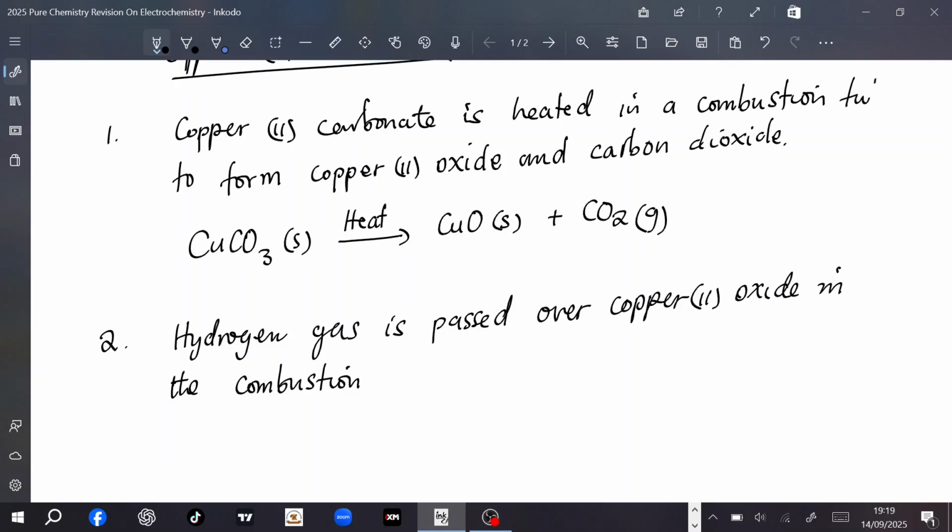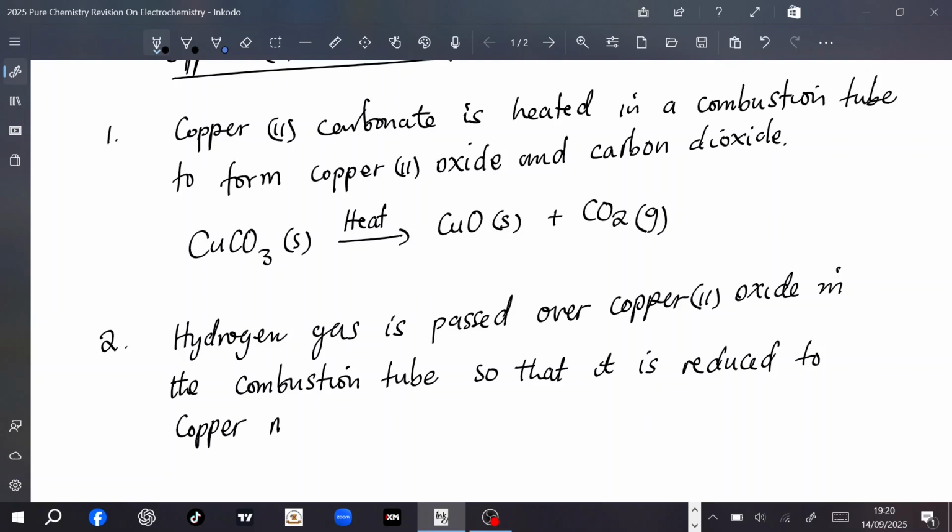Here I didn't put the tube. In the combustion tube, so that it is reduced to copper metal and water. Okay, yeah, so that is that.